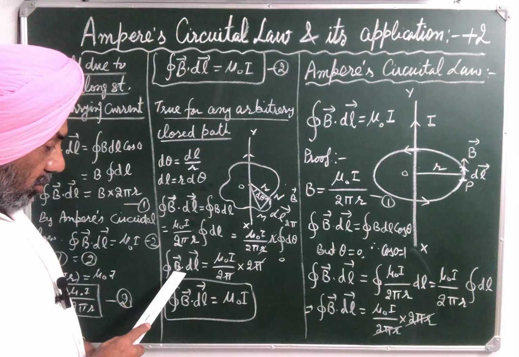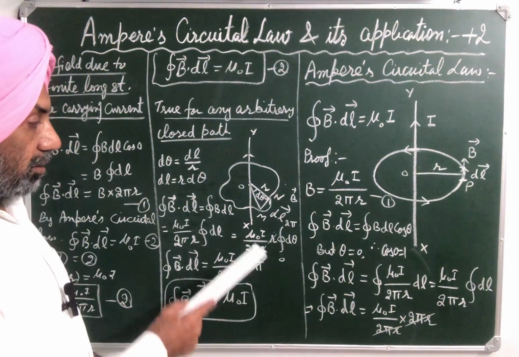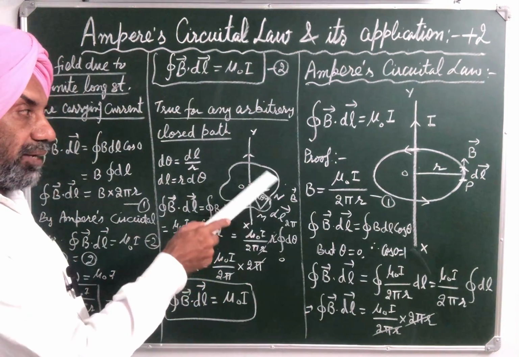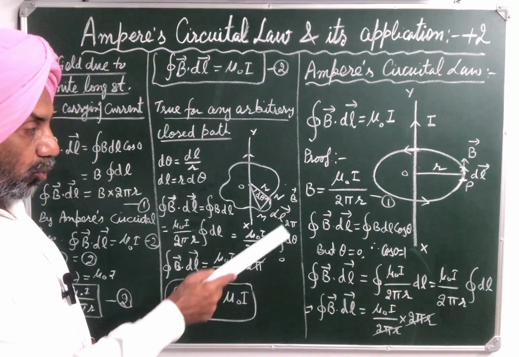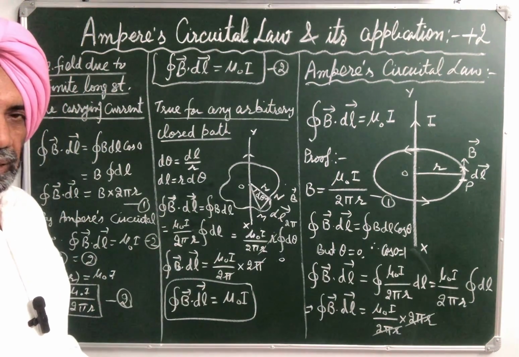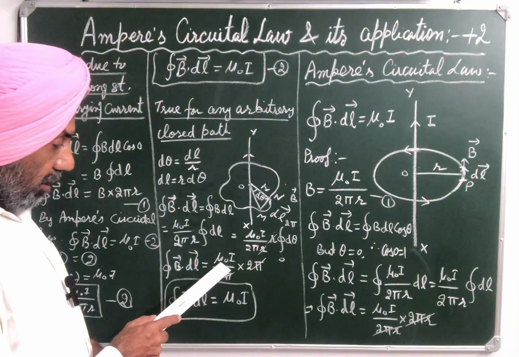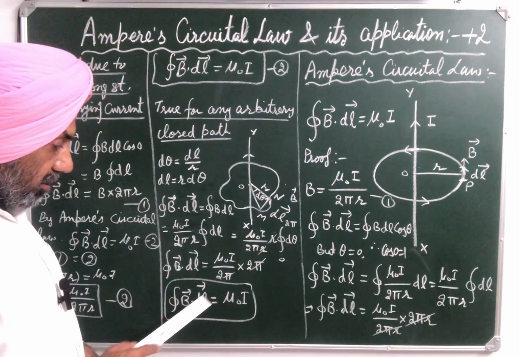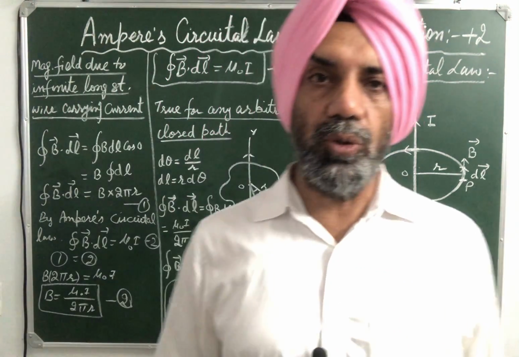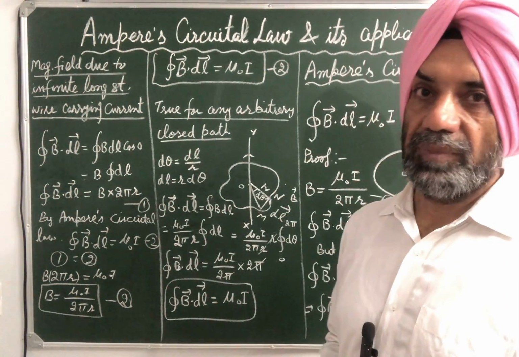So B dot dl over the closed path is equal to mu naught I by 2 pi times the integral of d theta. Now the closed path integral of d theta will be 2 pi, because the limits are 0 to 2 pi. Minimum angle will be 0, maximum angle will be 2 pi, the angle round a circle. So mu naught I by 2 pi cancels. So again B dot dl is equal to mu naught I. So it means Ampere's circuital law is true for any arbitrary closed path.